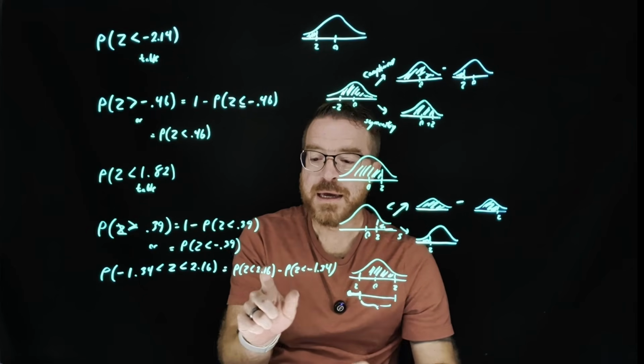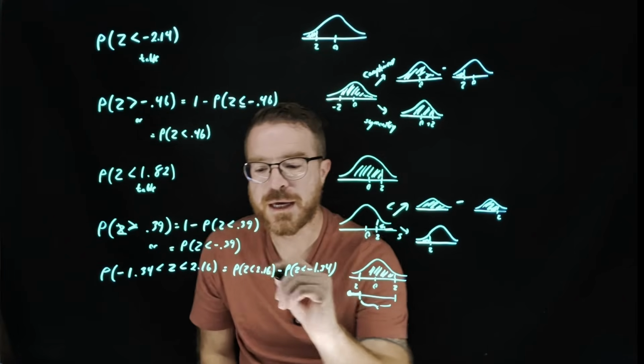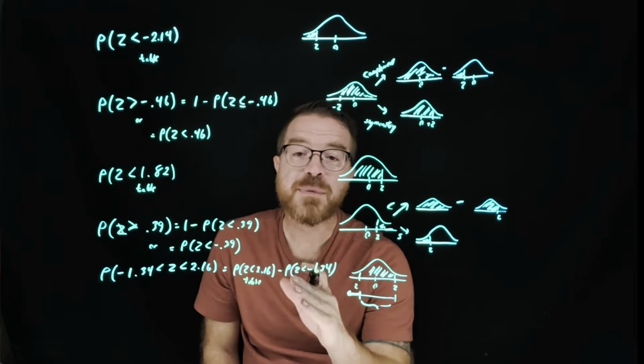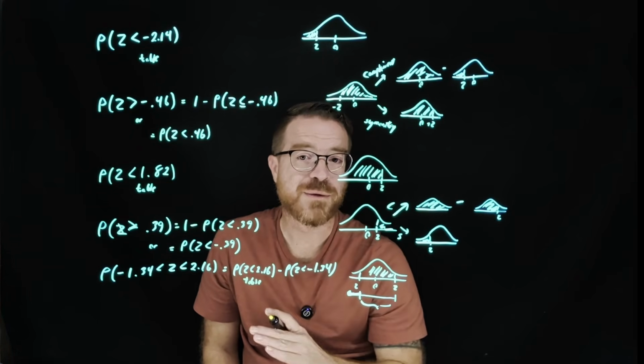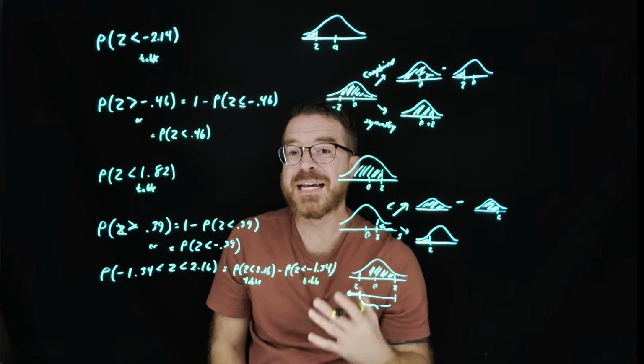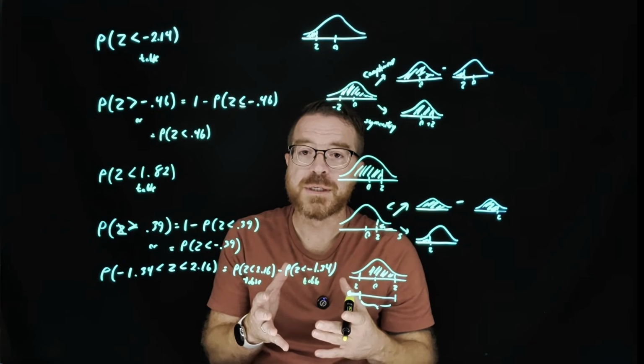So looking at this, the probability z is less than 2.16, I can look up in my positive z table to the left. The probability z less than negative 1.34, again, I can look up in my table, in this case my negative z table. So now that we have this, let's go and figure out what all these probabilities are.